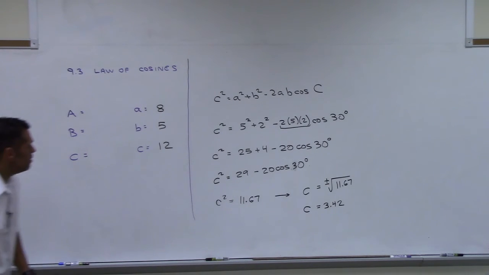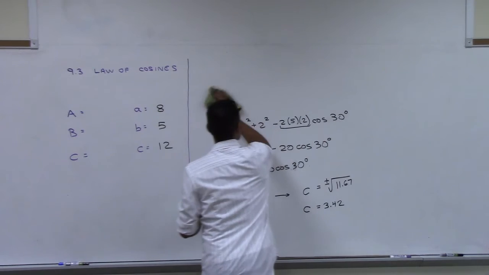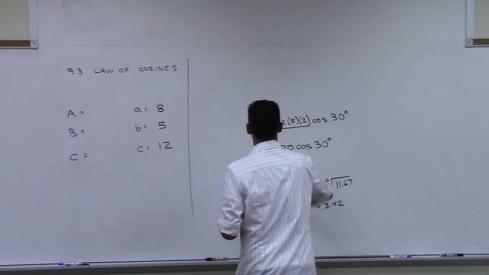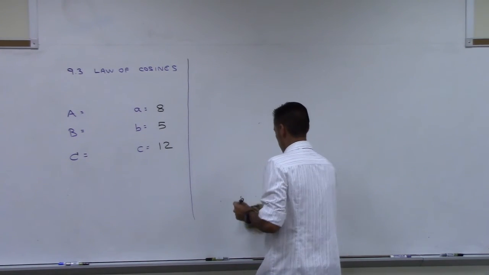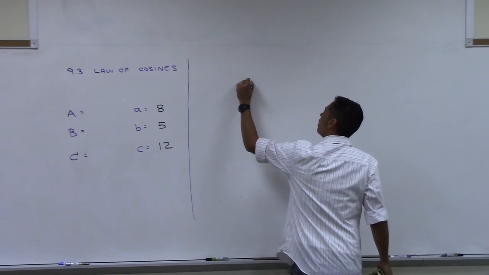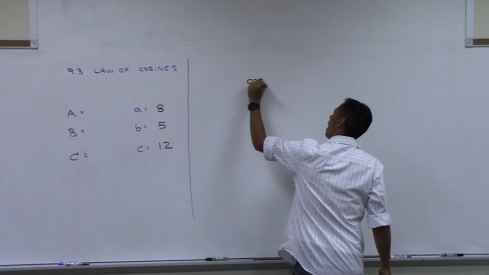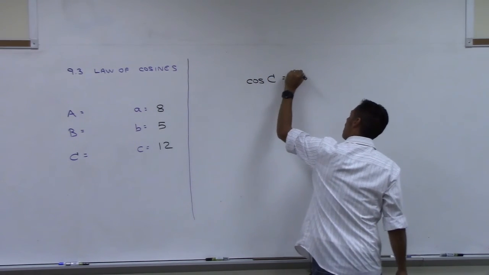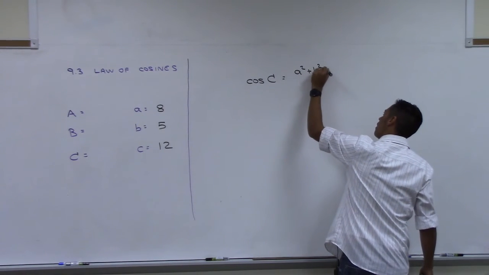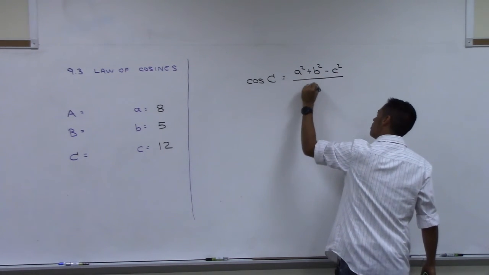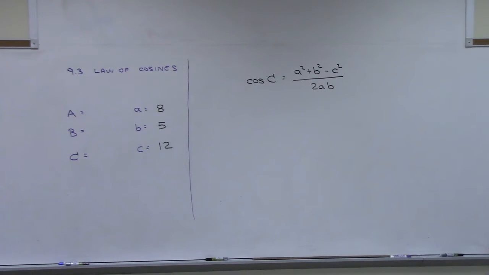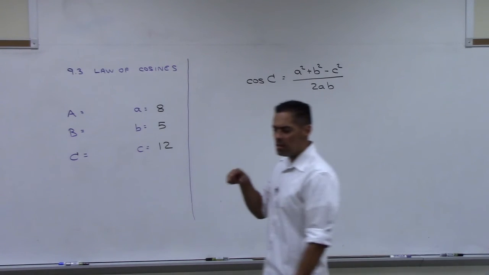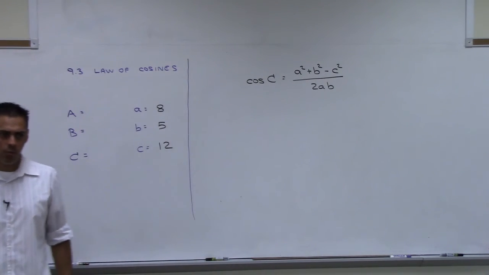Well, I gave you a formula just a second ago, and I said sometimes we solve law of cosines for what cosine of capital C was equal to: a squared plus b squared minus little c squared over 2ab. Remember that? I had that up on the board a second ago. If I'm not mistaken, I think that your formula sheet only has one version of this.